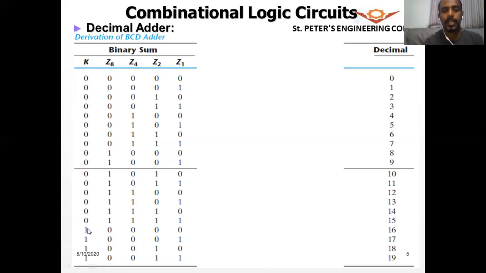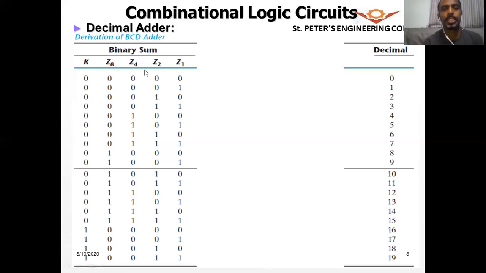So what I'm trying to say is that according to BCD, we have to skip from here and go here to represent this 1, that means the 10, right? So there is a 9, if you add 1, it becomes 10, so it becomes a 2-digit number. Like that, here the 4-bit number becomes a 5-bit number.